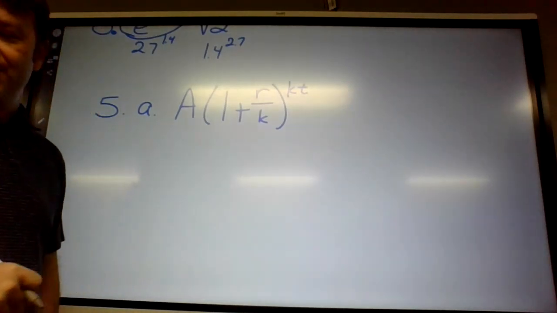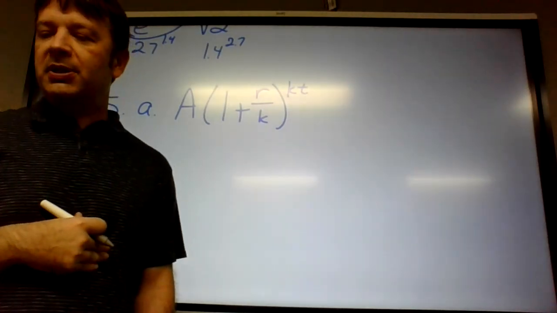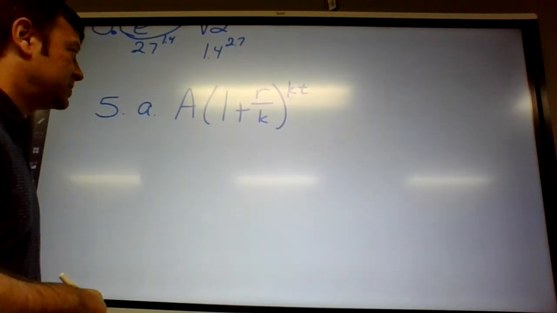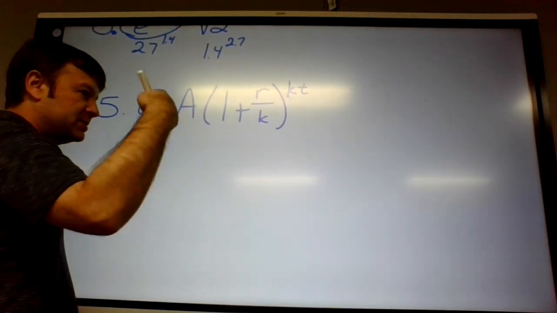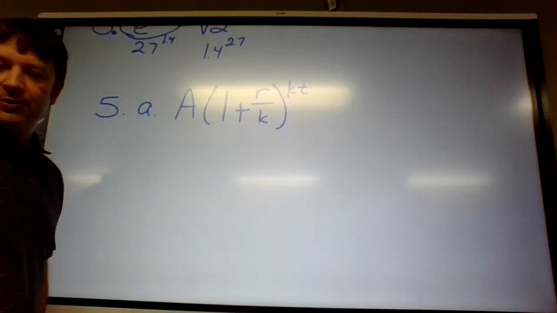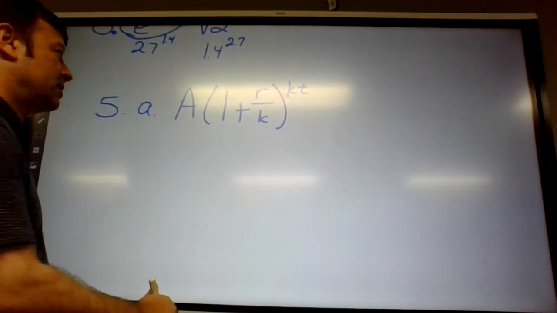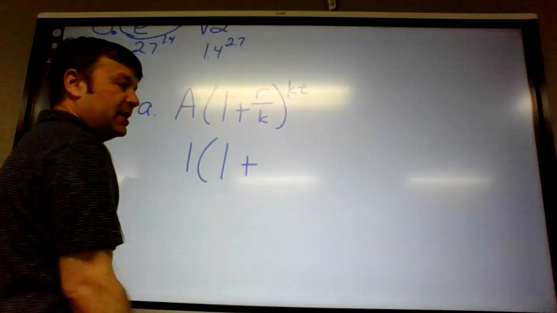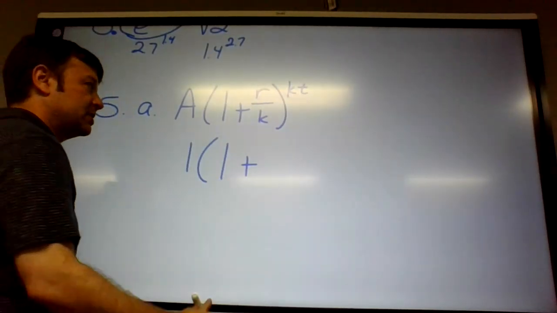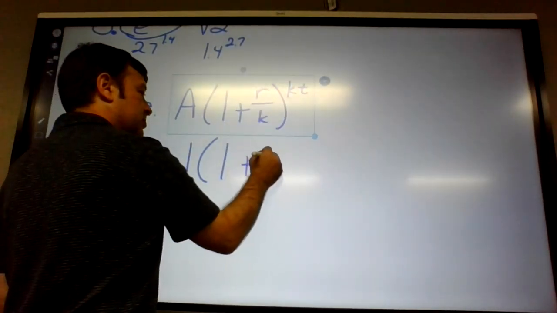Yeah, so it says compounded quarterly. What do you guys think that means, quarterly? 4 times a year. Yeah, split it into quarters. So the initial amount was $1, so 1. The interest rate is 6%, so that is 0.06.